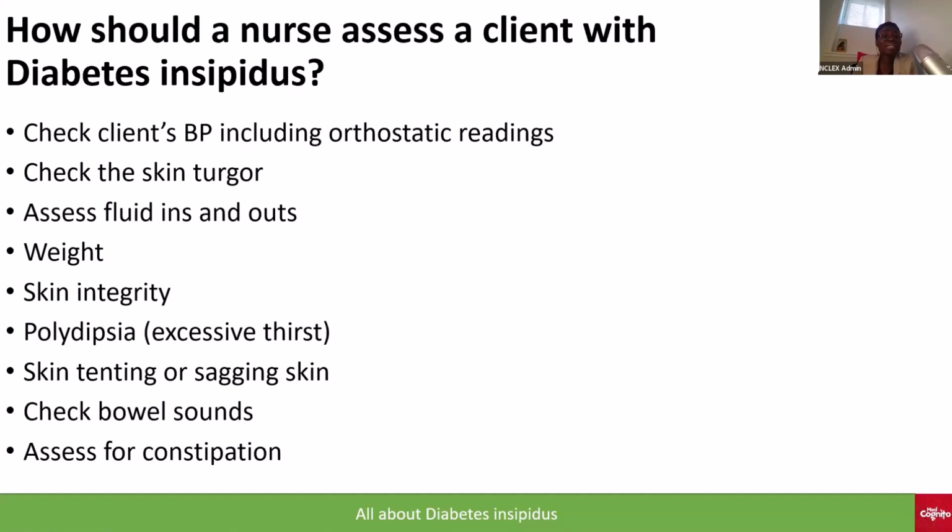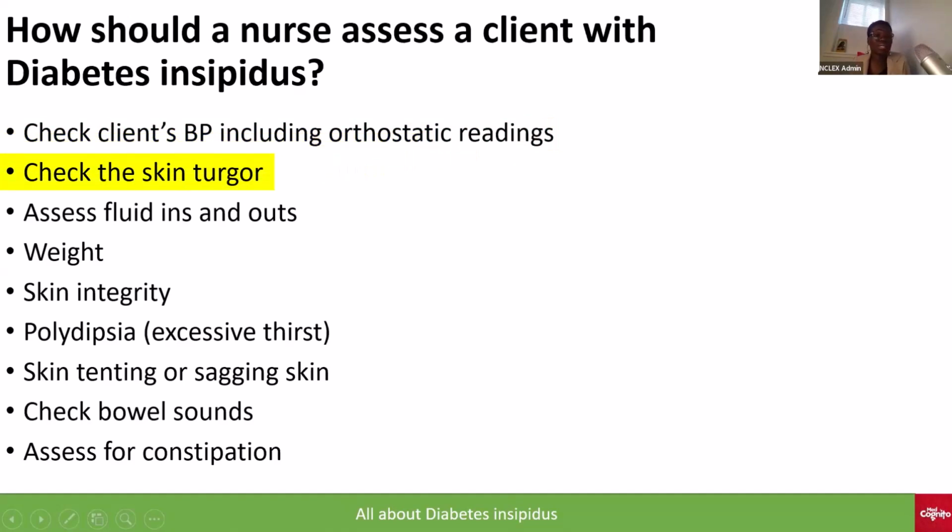So you cannot have a client with diabetes insipidus and not check the blood pressure. That is disastrous. So check the client's blood pressure, including orthostatic readings. That is taking the blood pressure of the client lying down and taking the blood pressure of the client sitting up.